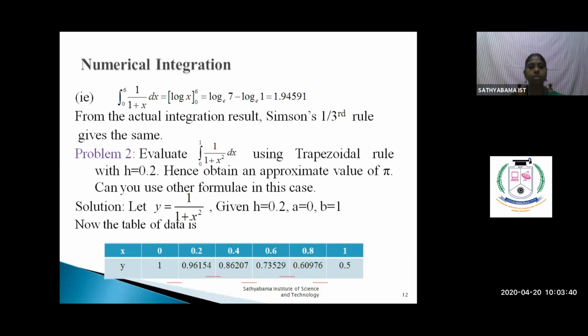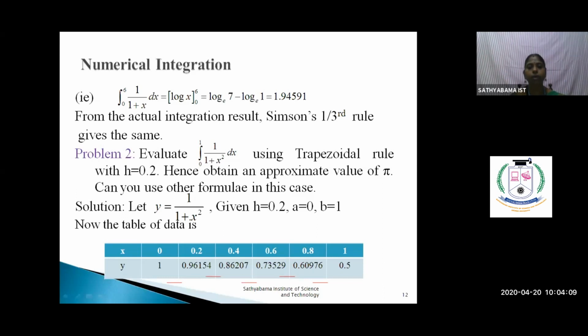So it becomes log 7 minus, for x equal to 0, log 1. Keep it in mind. So log 7 minus log 1. The base is e. It's very important. So you should take log 7 minus log 1. That's equal to 1.94591. Okay, this is the actual integration.